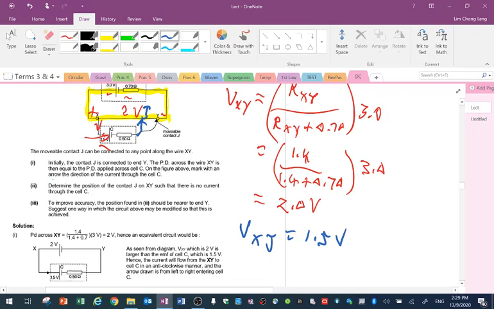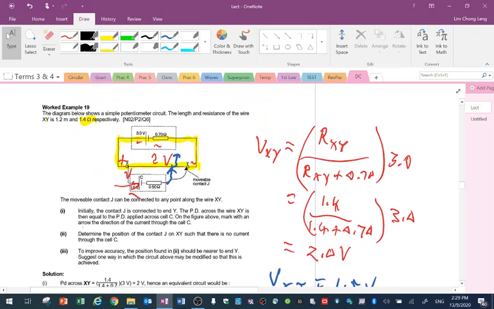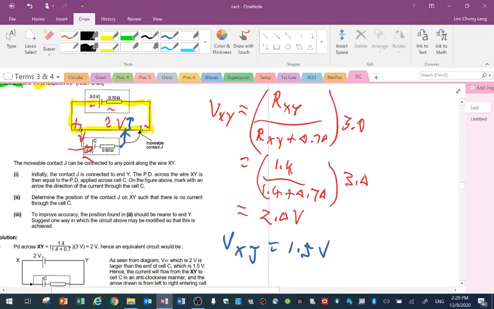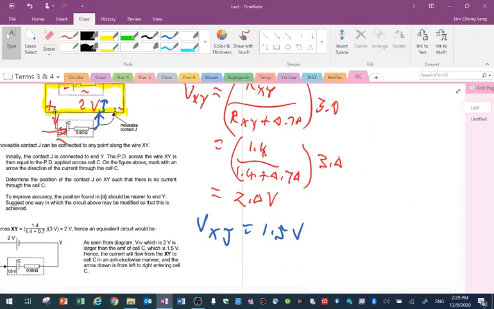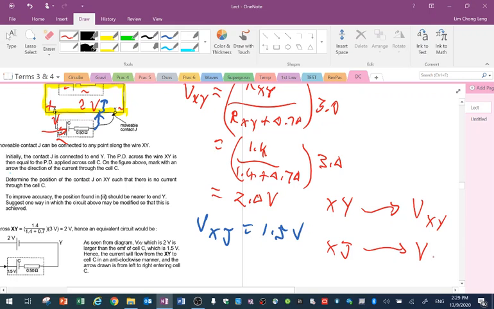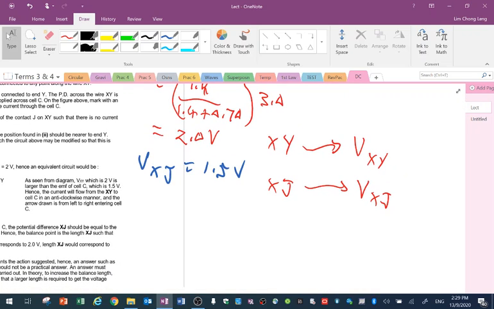Now we know that the wire XY has a length of 1.2 meter. So if XY corresponds to Vxy, then XJ corresponds to Vxj. XY is 1.2. So what is the length of XJ?